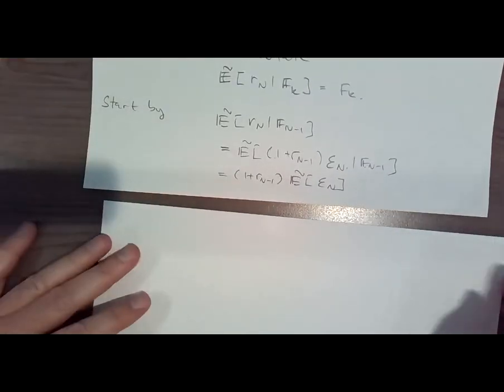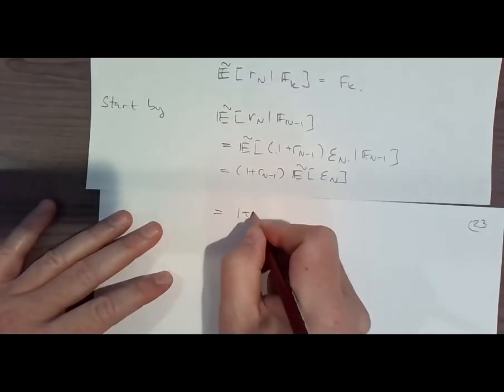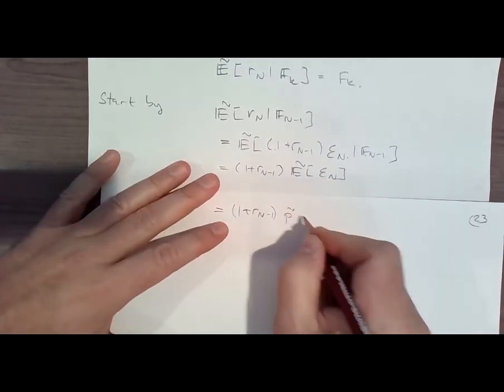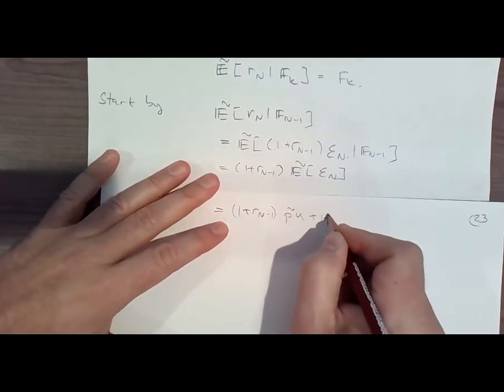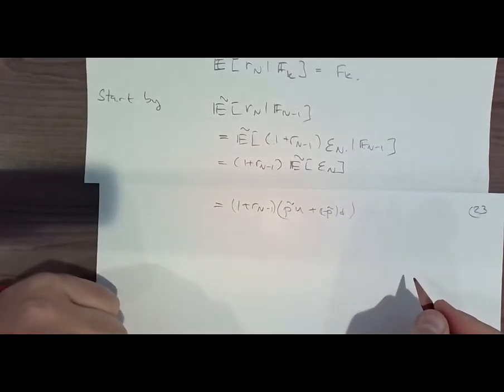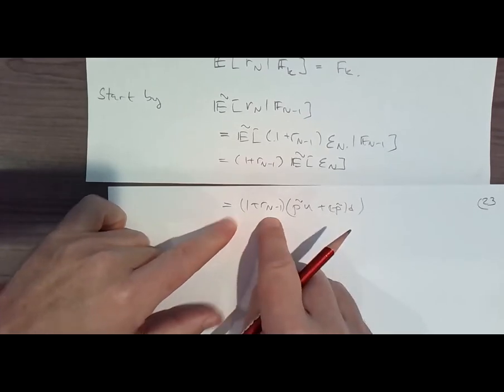So let's work out what this expectation is. This will be 1 plus Rn minus 1 times P tilde U plus 1 minus P tilde D. So you can see this is an affine function of Rn minus 1, right?